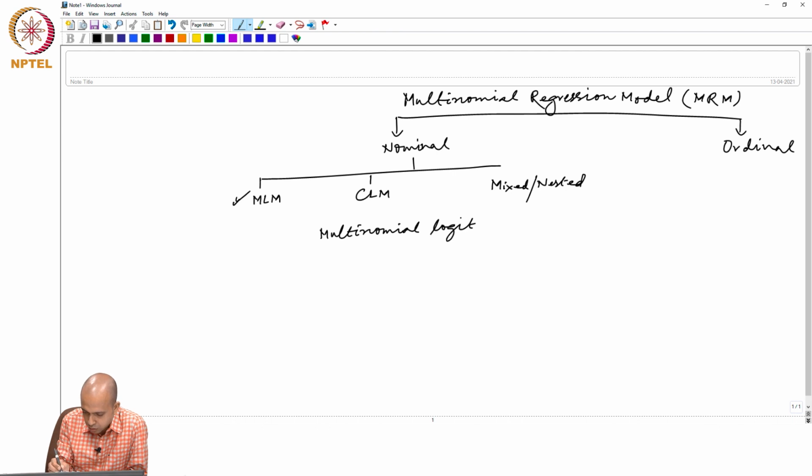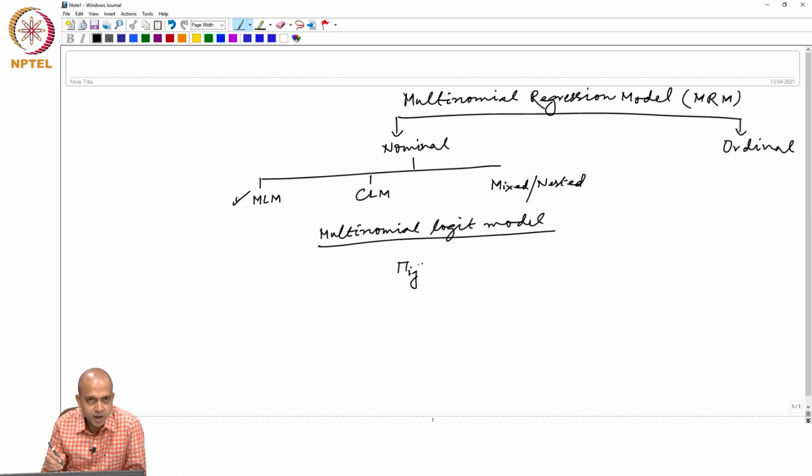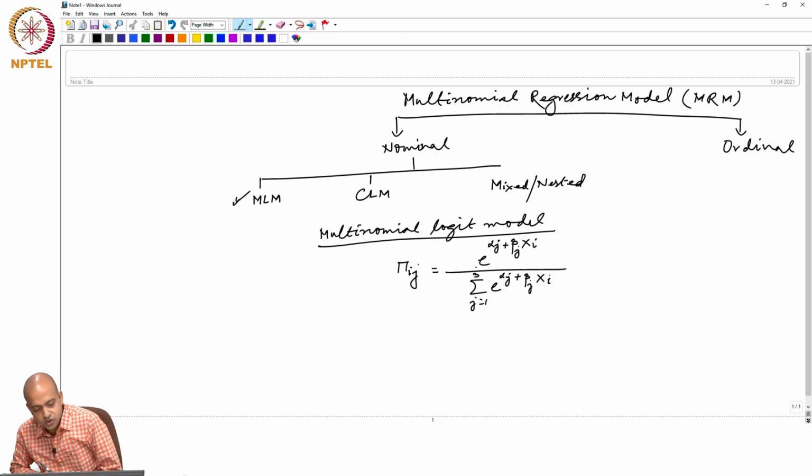Our model was pi ij, which is the probability that the ith individual chooses the jth option, equal to e to the power alpha j plus beta j xi, divided by the summation of e to the power alpha j plus beta j xi, where j runs from 1 to 3. Okay, this is our model.